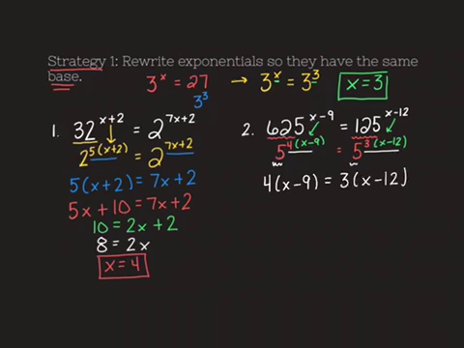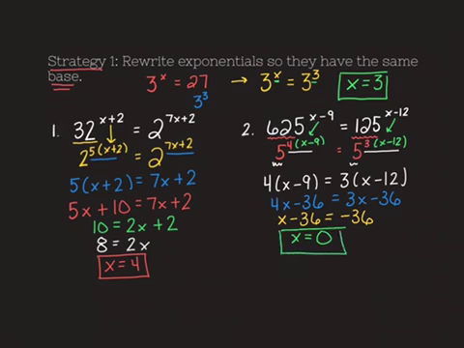We'll start by distributing. 4x minus 36 is equal to 3x minus 36. I'm going to move the 3x over, so x minus 36 is equal to negative 36. Move that 36 over and we get x is equal to 0, which again is a perfectly fine answer.